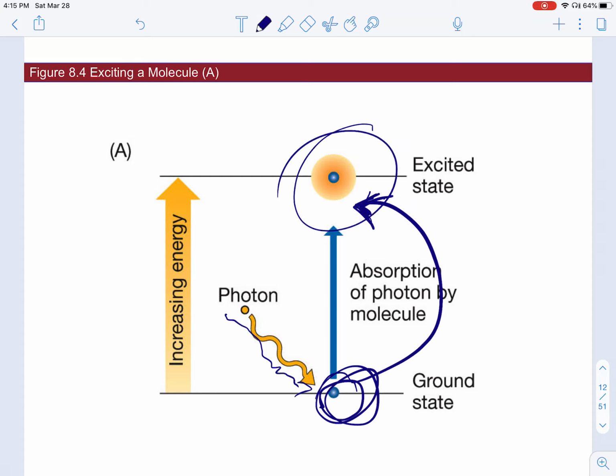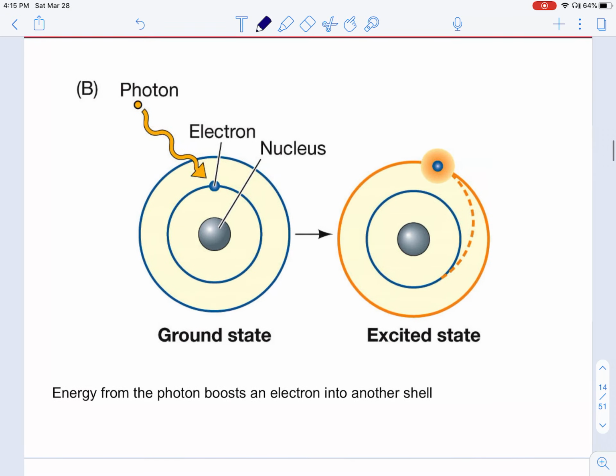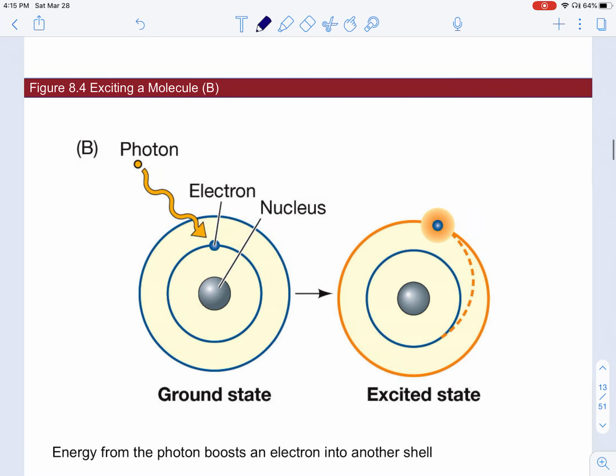And we, as photosynthetic organisms, capture these high energy electrons in order to do work. So here, this is shown here. You have a photon, it hits an electron, boom, it pops it up to the next electron shell. This is a high energy electron.